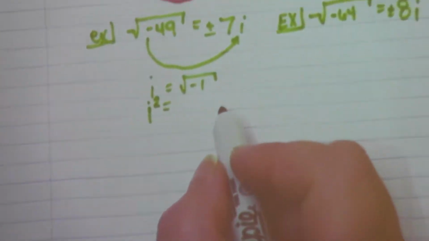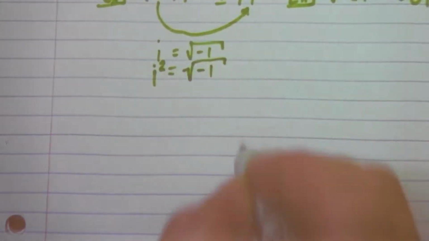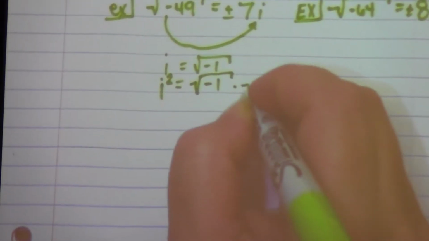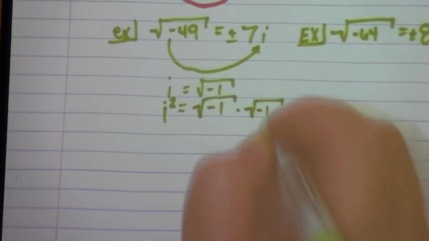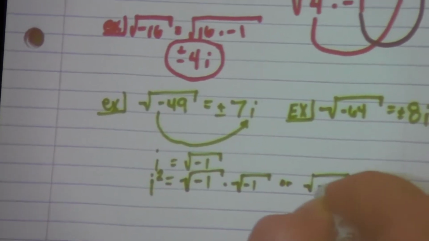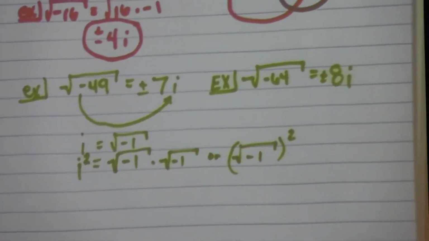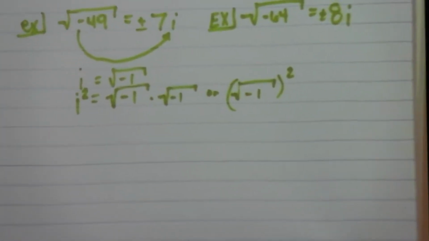If i equals the square root of negative 1, i squared would be the same thing as what? The square root of negative 1 squared. The square root of negative 1 times the square root of negative 1, or the same thing as the square root of negative 1 squared, right? Are we agreed on that? Yeah. Okay.